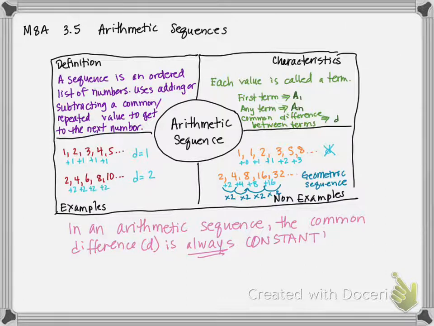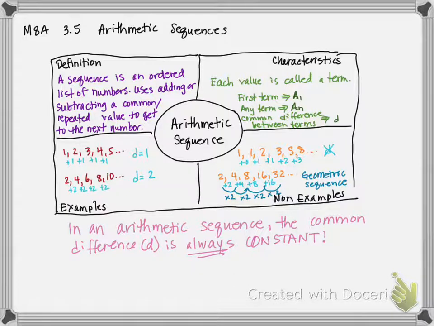So we talked about a constant rate of change would give you a line if you graphed it. And we're going to change its name now from constant rate of change because that's a lot of words. We're just going to call it slope.